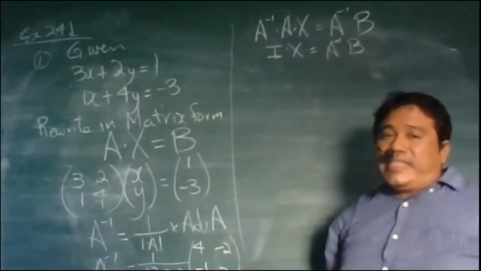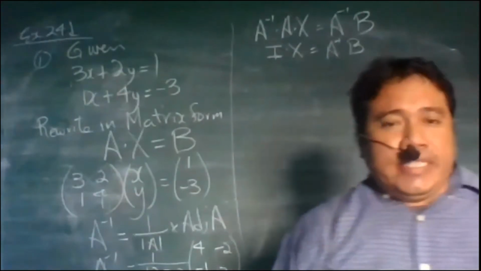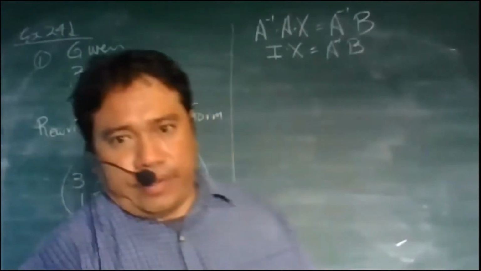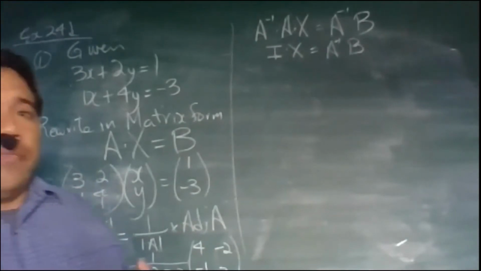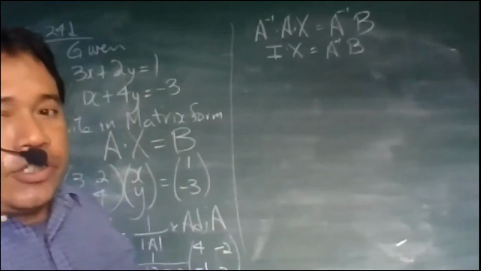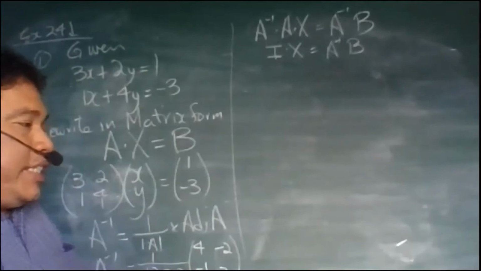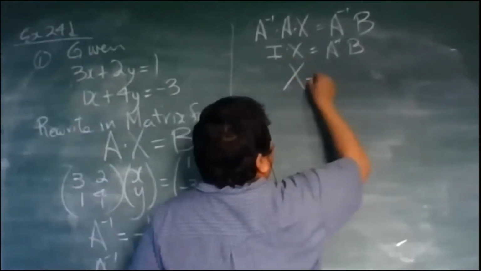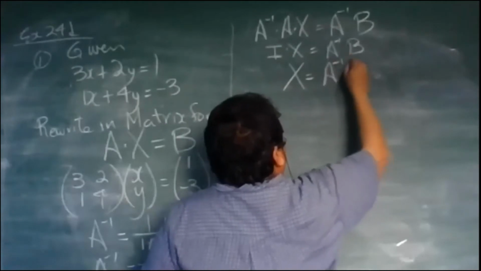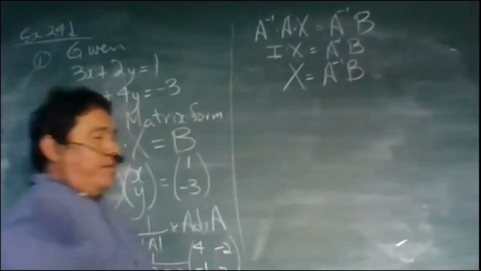And the identity matrix says that any matrix multiplied by the identity matrix will not change that matrix. So this will basically be X, so X will be equal to A to the negative 1 B.